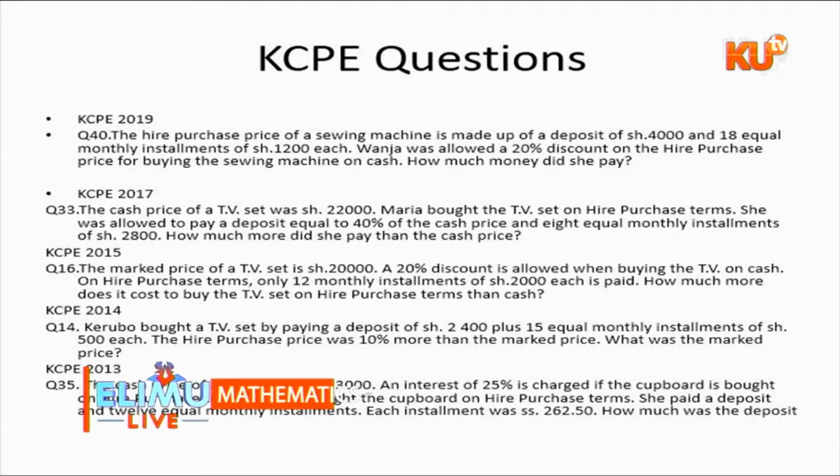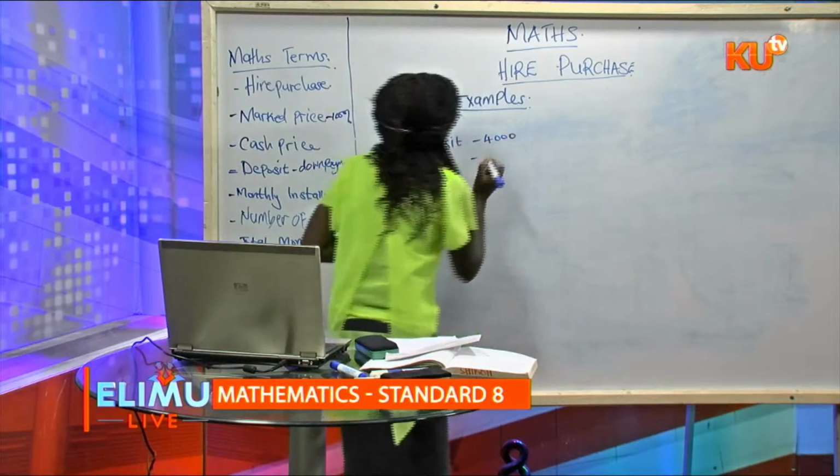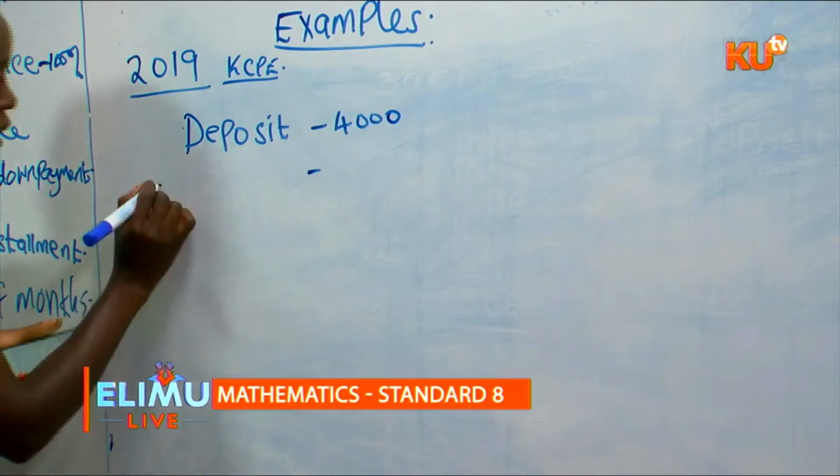Now, we write down what you have been given. The hire purchase price is made up of a deposit of 4,000. So we start by writing down what we have. So the deposit was 4,000 and 18 equal monthly installments.